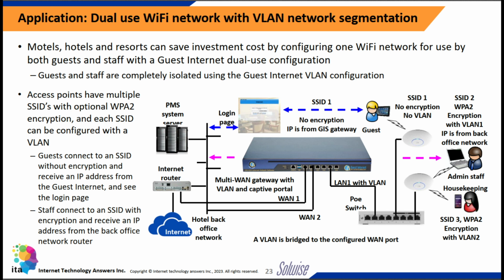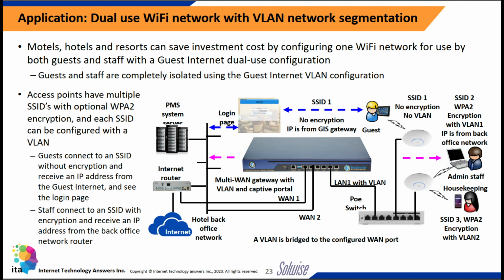You can set up each SSID with a VLAN, and that allows you to set up an unencrypted service for guests, an encrypted service for staff, whereby the guests are connected to the gateway, see the login page, and the firewall isolates them from the hotel network.